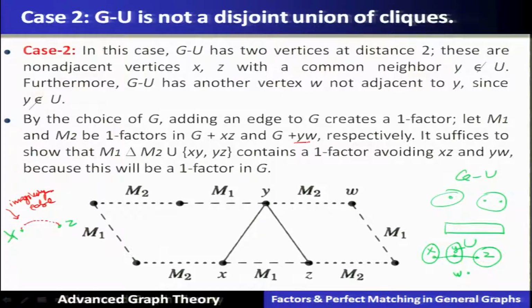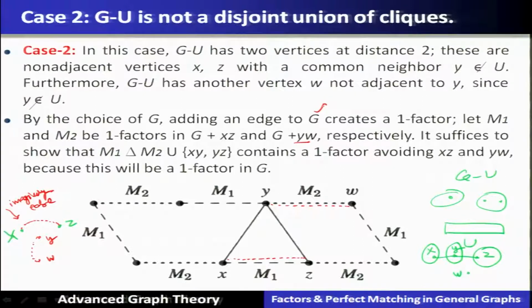Similarly, we are also adding yw, which is also a hypothetical edge. These two edges we have added, which is shown over here, hypothetically added into G.